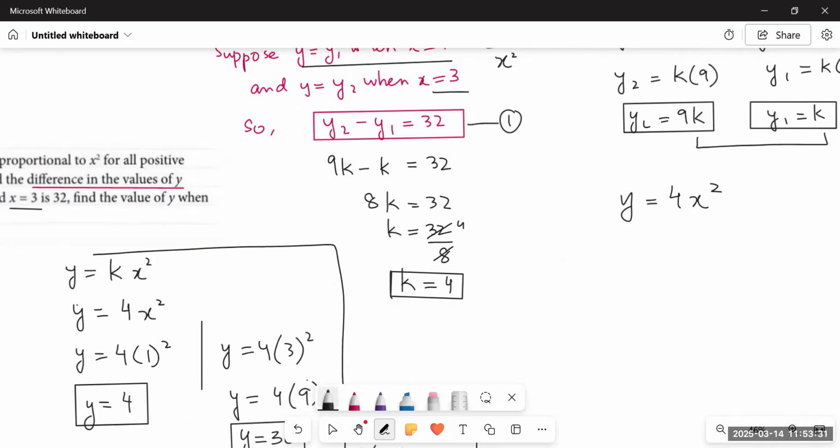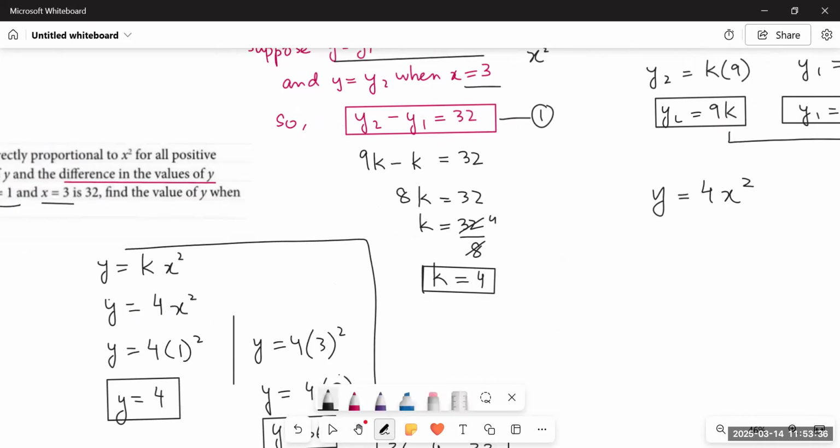So y is equals to 4x squared, where the value of x is given as -2. So we will take the square of -2, and the square of a negative number is always positive. So it becomes 4 into 4, which is 16. So y is equals to 16 if x is equals to -2.